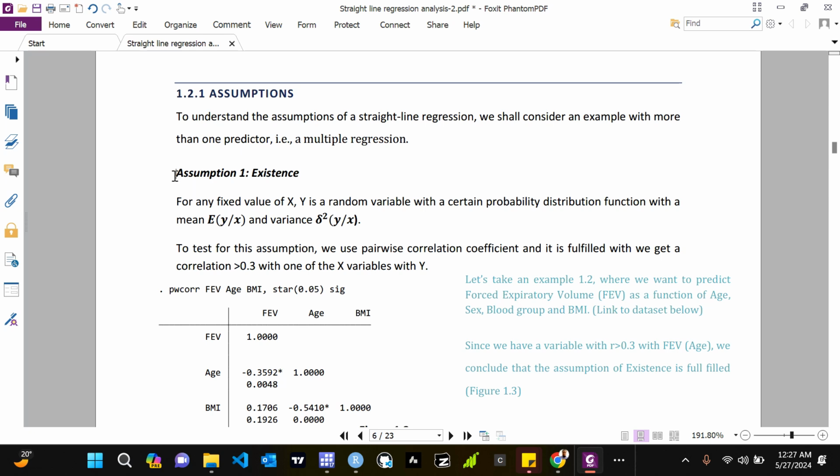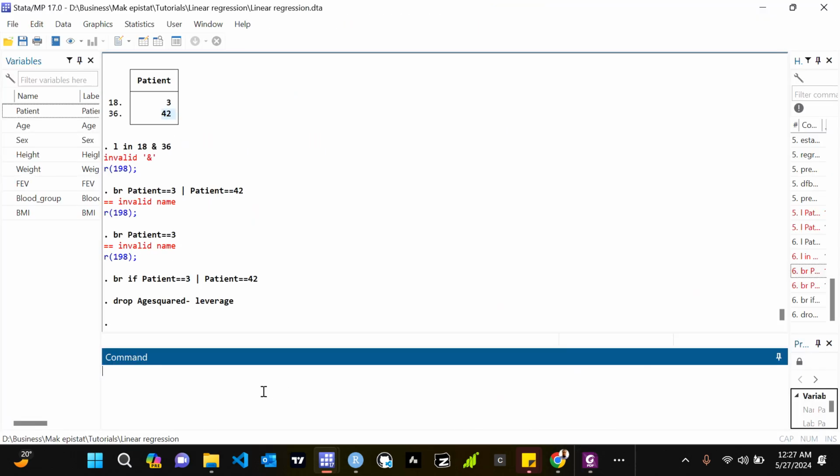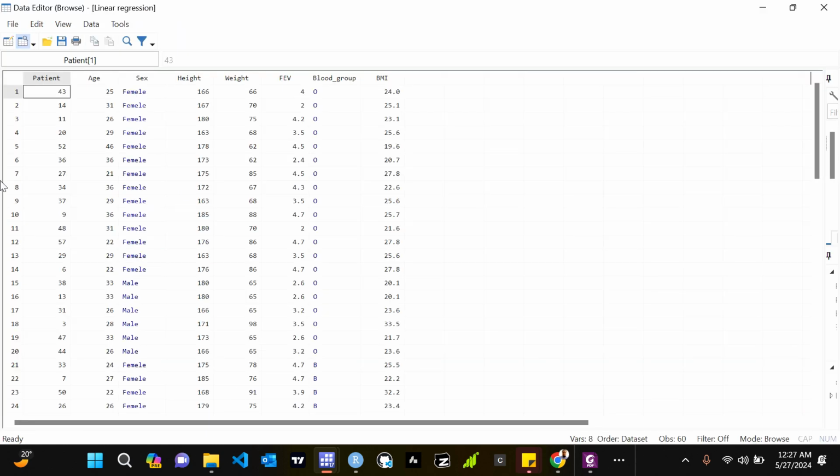The first assumption of linear regression is existence. But before we go to that, let's first browse and look at our data. This is the patient ID, the age, sex, height, weight, and FEV, which is called forced expiratory volume.